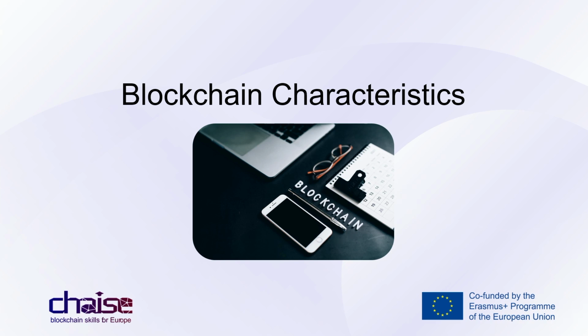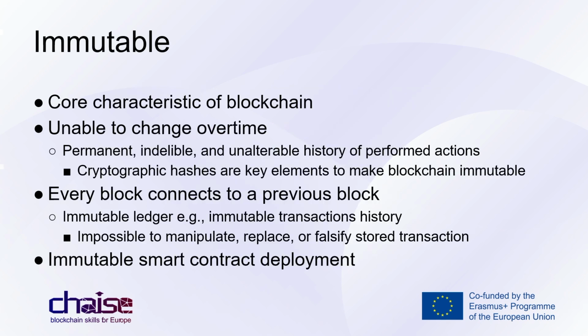So, let us explore one by one what those characteristics of blockchain are. First is immutability, or the immutable characteristic of blockchain. We have already discussed this several times when we were speaking about the immutable ledger, but let us dig deeper to explore what this characteristic brings to the blockchain.